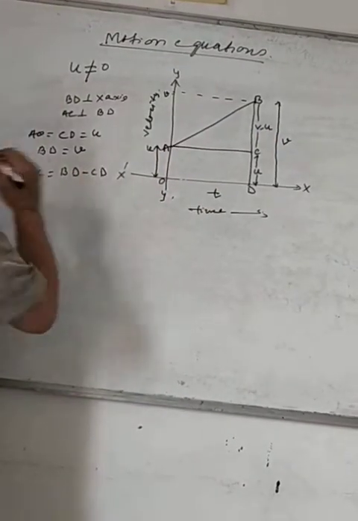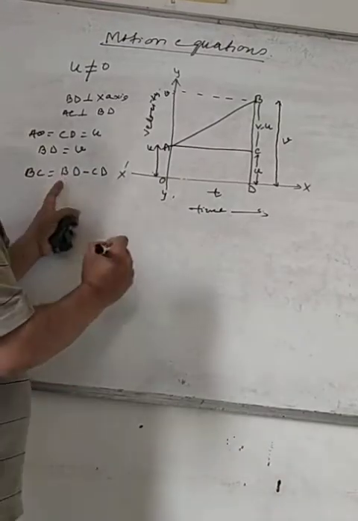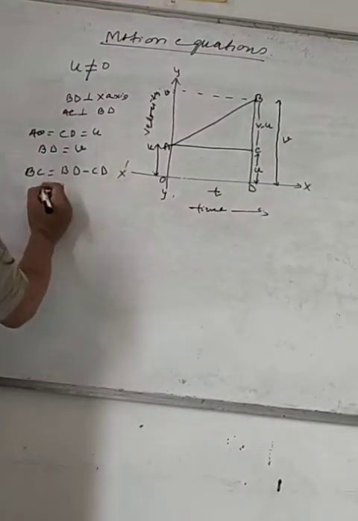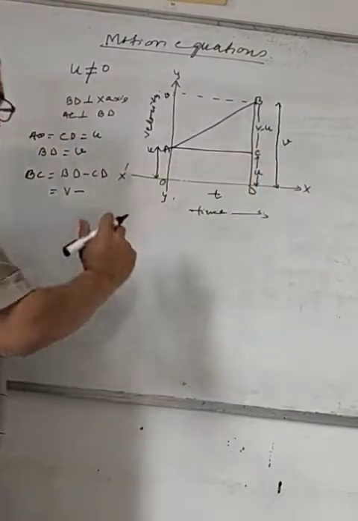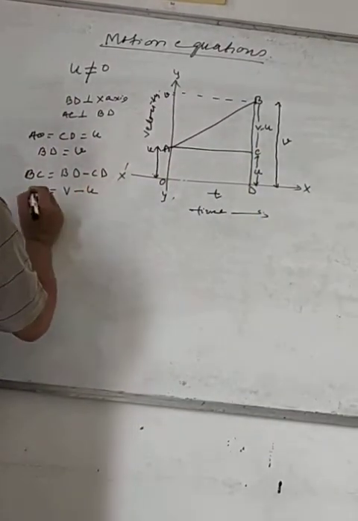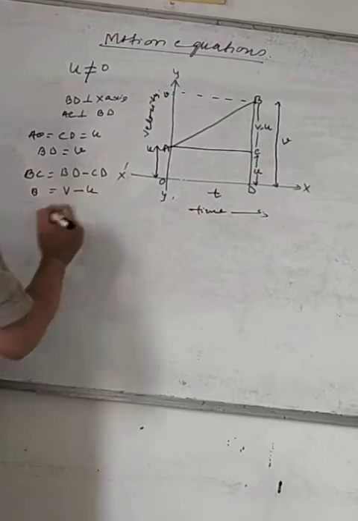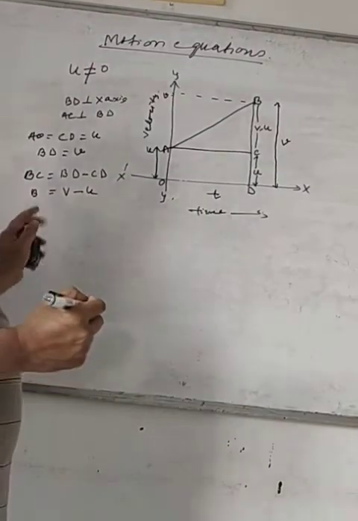Here BD is V and CD is U, so BC equal to V minus U.